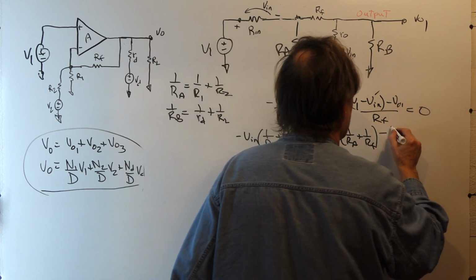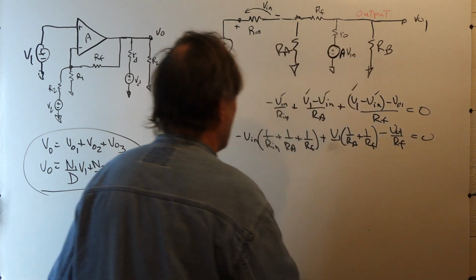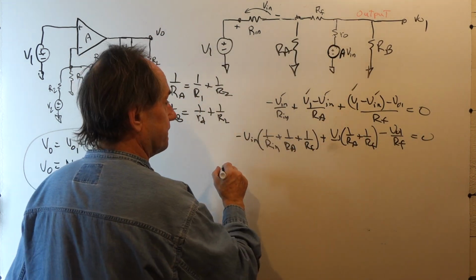And then minus VO1 over RF. And that's equal to 0. Multiply through by RF.